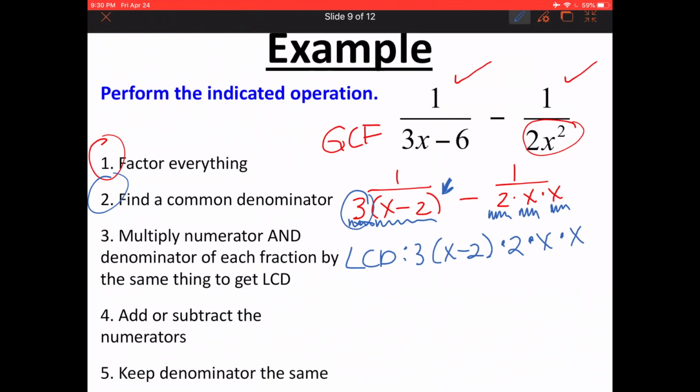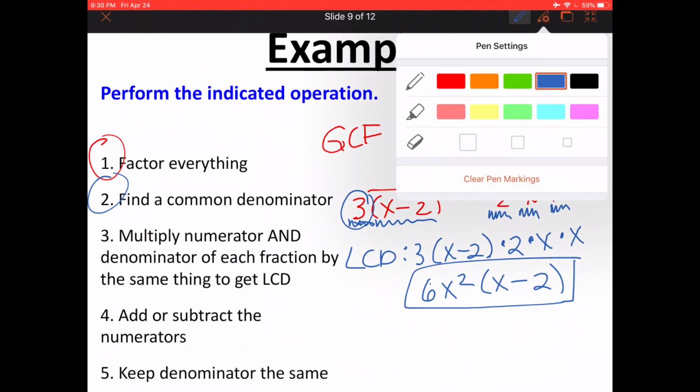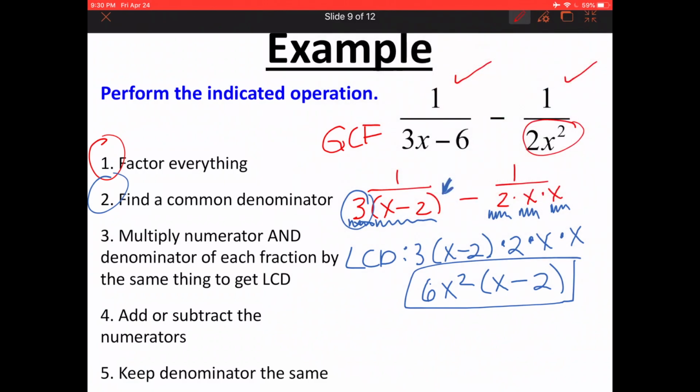This LCD is going to be 6x squared times x minus 2. So a pretty long LCD here. But let's finish this up. Starting over here on the right, what am I missing? If this is 2x squared, how can I turn that into 6x squared times x minus 2?